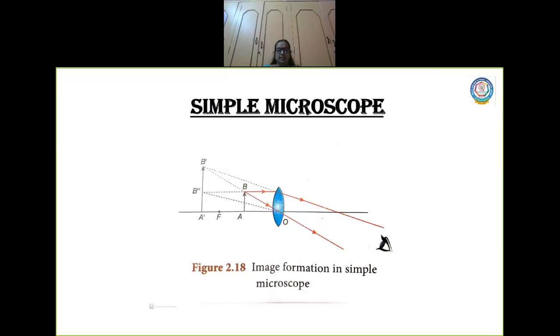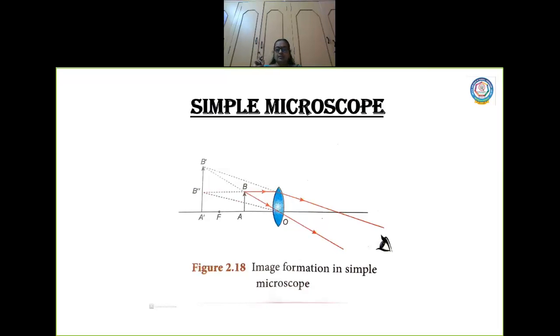Now here is the diagram showing how the image is formed in a simple microscope. Now this resembles the image formation of a convex lens. In the last case, in one formation alone, I have told you the convex lens forms a virtual and erect image. So image formation in convex lens, last case.